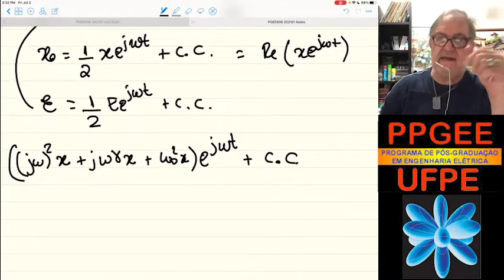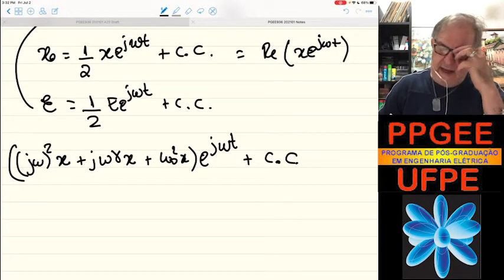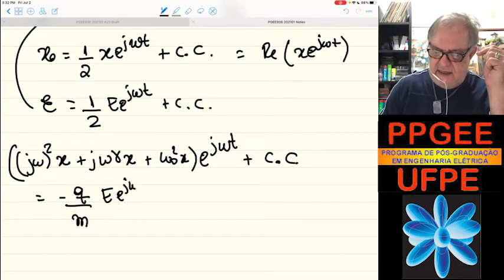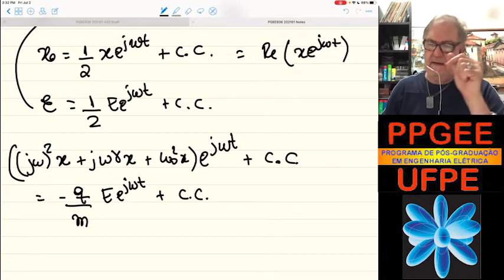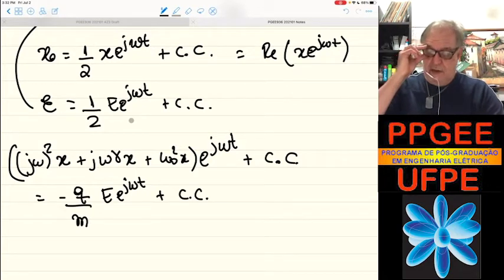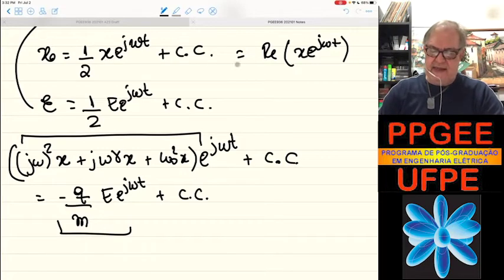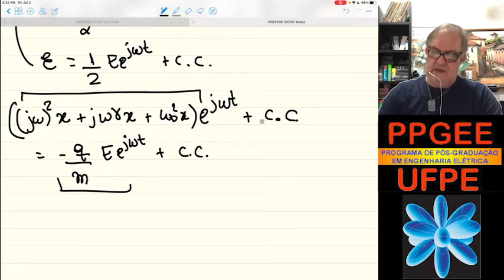Divided by 2, but they cancel that out. Equals to minus q over m E exponential j omega t plus the conjugate. So it's just enough to satisfy this equation here. We just balance this term with this one, and the complex conjugate automatically will be balanced. So that's what we have.